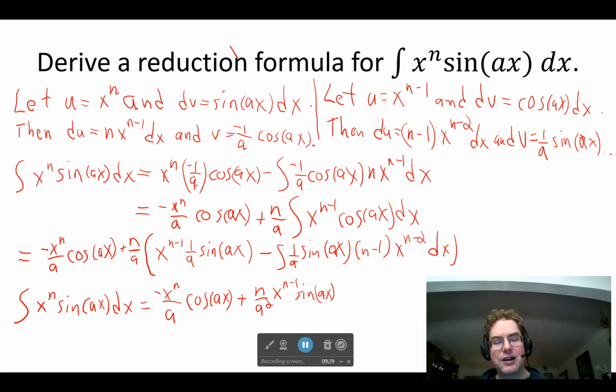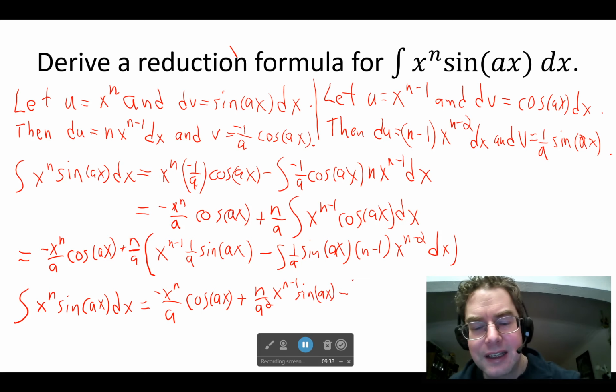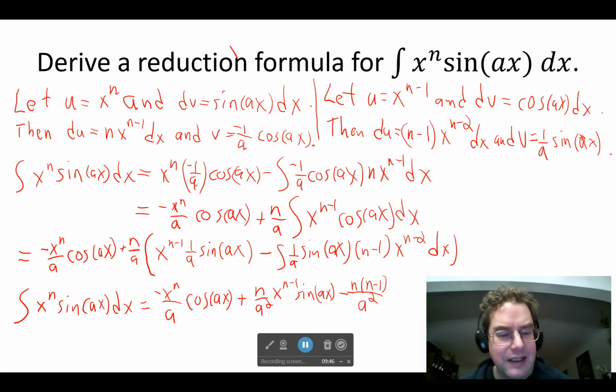Okay, and then finally our term with the integral is going to have minus here, and we'll have pulled out a few things: n times n minus 1 over a squared. Because we had the a already outside here, we have another a in the denominator there. I think that's everything that we needed to pull out.